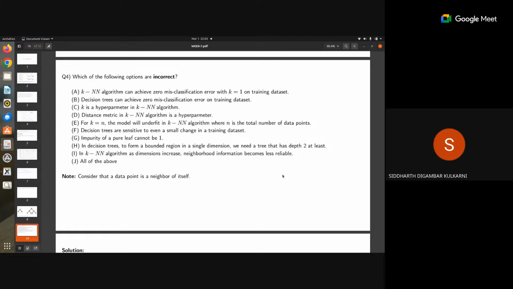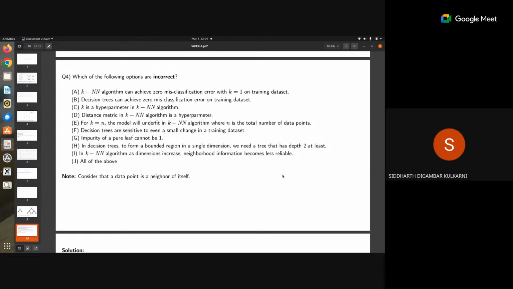On the basis of the training data set only we make the decision tree, right, sir? So if the training data set changes, the decision tree itself will change. Okay. What about G?